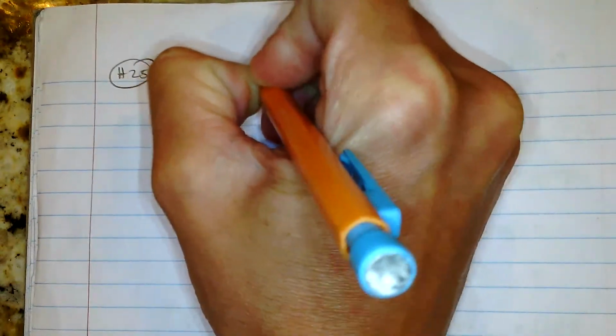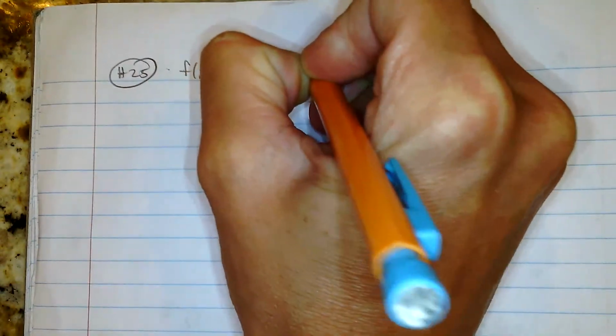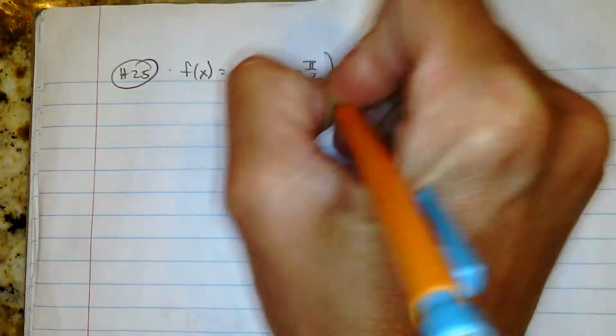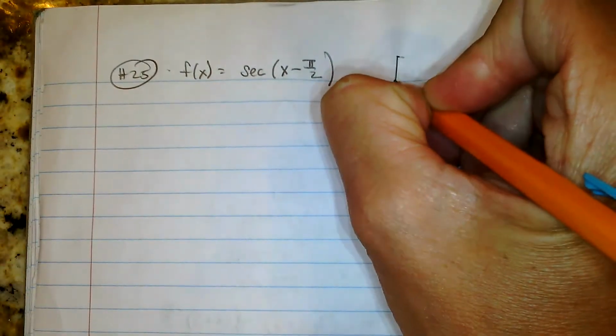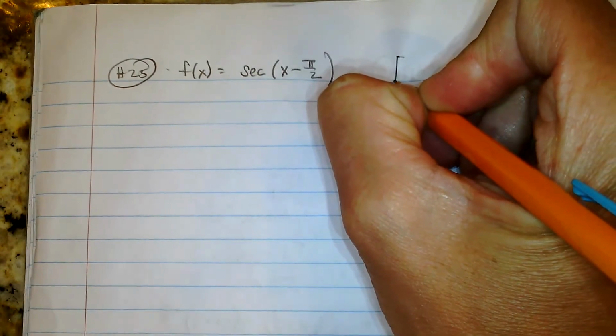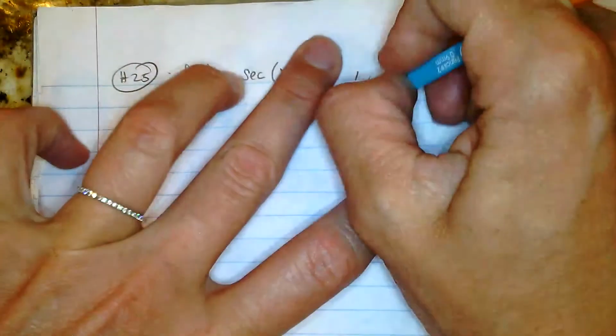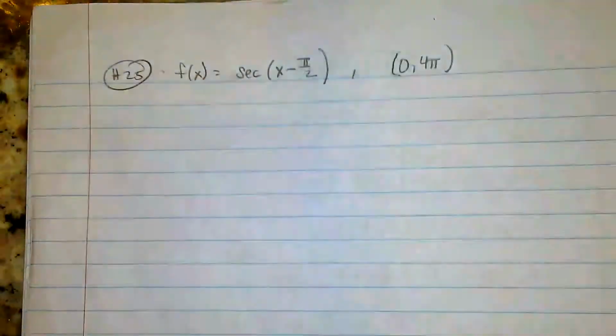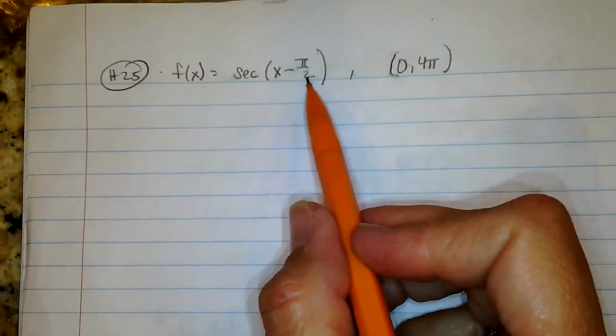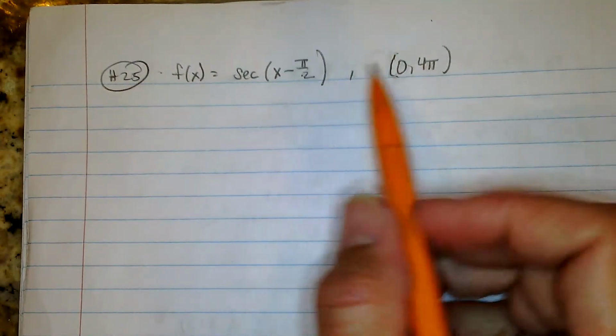Same directions. Secant of x minus pi over 2, only on the interval from, lost my page, 0 to 4 pi. So this is really just the secant graph that's been shifted right pi over 2.